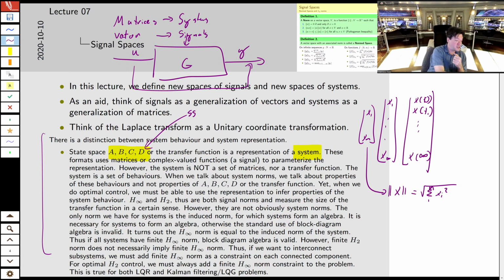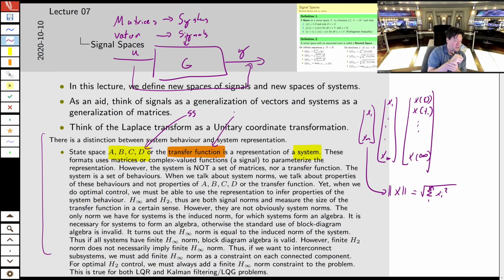One such is the transfer function. A transfer function is a way of encoding what happens to the input as the system acts on it and produces an output. And it's more direct than the state space representation. It tells you more directly what happens to the inputs as they get mapped to outputs, but only in the frequency domain.